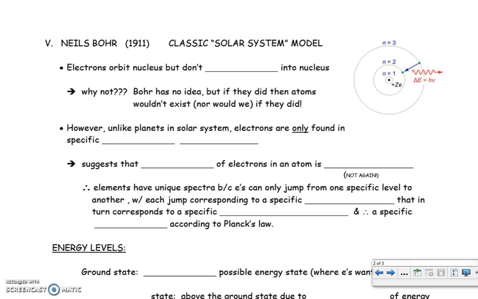But he could not figure out what to do with the electrons. He knew they were there. He knew there were an equal number of charges, but he wasn't able to say with any definitive confidence that those electrons were orbiting the atom. The reason he said that is if they were orbiting, they should be giving off radiation and eventually fall into the nucleus.